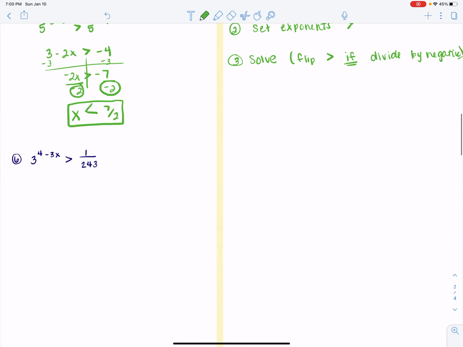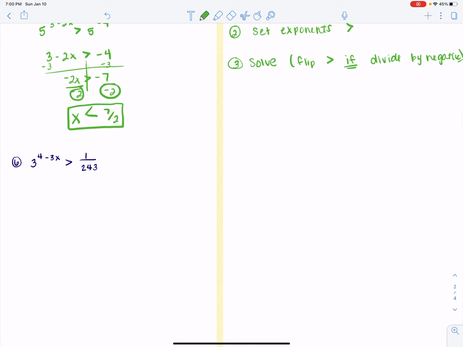Okay. Next example, I have a fraction again, but I still need same base. So step 1, same base. I know that I can change 243 into 3 to the 5th power, but I have 1 over 3 to the 5th power, so I need to make it a negative 5 so I don't have the fraction anymore.